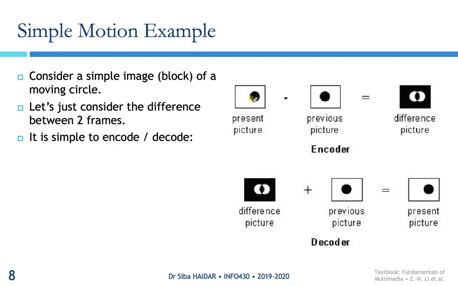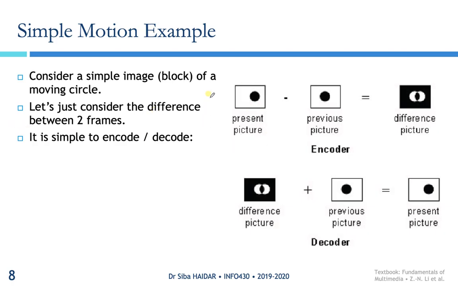In the present picture, the circle is a little bit to the right, but in the previous picture, the circle was centered in the middle. So we can deduce that the circle advanced a little bit to the right. Let us just consider the difference between the two frames.